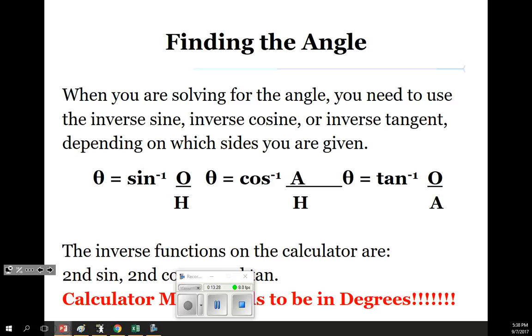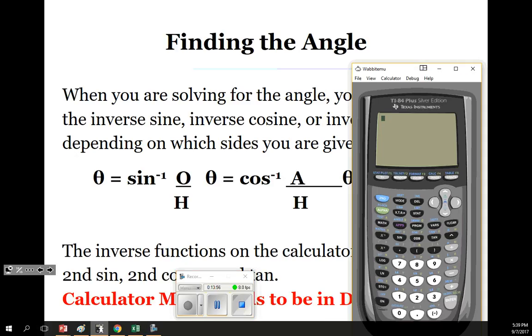Now earlier I didn't tell you this, but here on the bottom, and you can't see it because my little recorder thing is kind of covering it up. Let me see if I can move it. I can't move it, sorry. But it says we need to make sure that our calculator is in the mode of degrees, okay? I will show you how to do that.